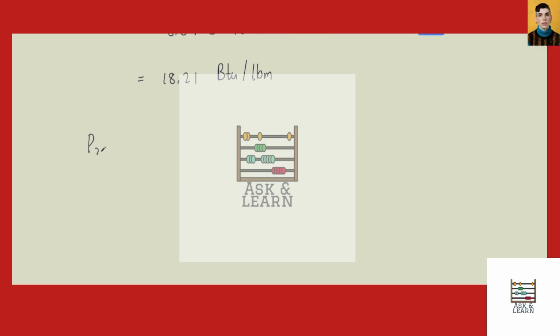Now the pressure of state 2, P2, is equal to 2000 psi absolute. And the temperature of state 2 is 100 degrees Fahrenheit. So we go from 50 degrees Fahrenheit to 100 degrees Fahrenheit. Using our tables again, this corresponds to an internal energy U2 of 67.36.